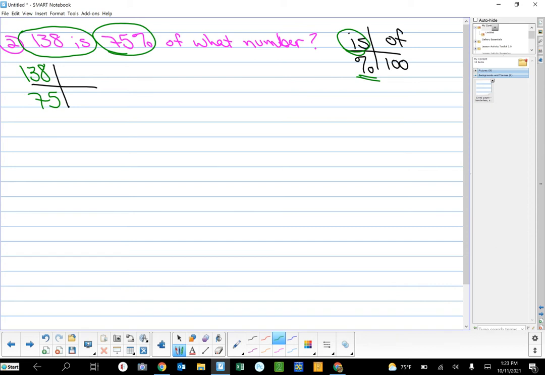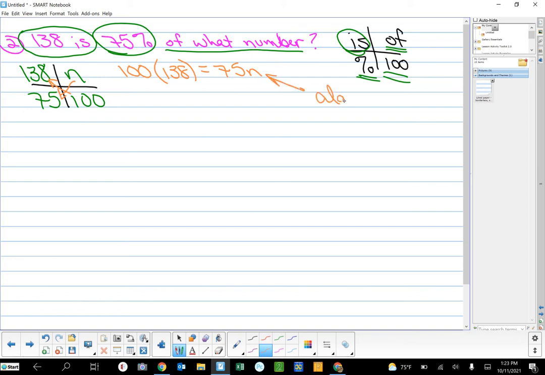No decimals, we don't have to change anything. Of what number? We don't know what the of is. So the of is going to be our n, and the 100 doesn't change. Now we're going to cross multiply. So we're going to go 100 times 138 equals n times 75, or 75n. And you can put that in as your algebraic equation.